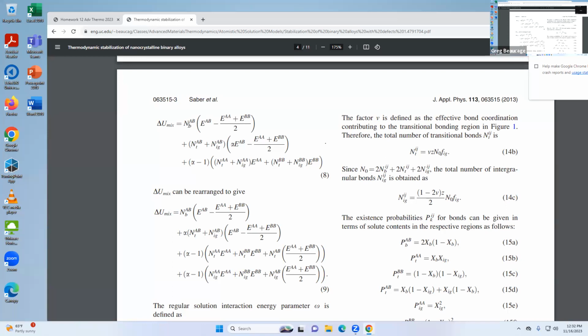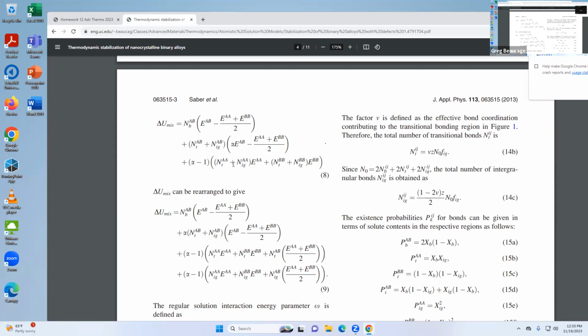And then the bulk is this B. And these two are the same thing. This is just the normal Hildebrand energy, except this AB is modified by alpha.